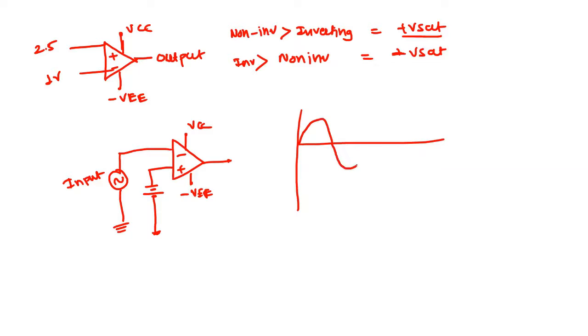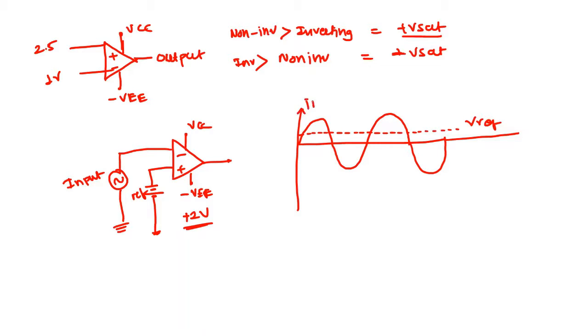This is my input. This is my reference voltage. If my reference voltage is plus 2 volt, a positive reference voltage, this is V reference, and this is my input.